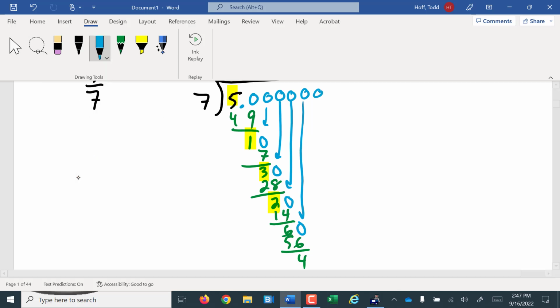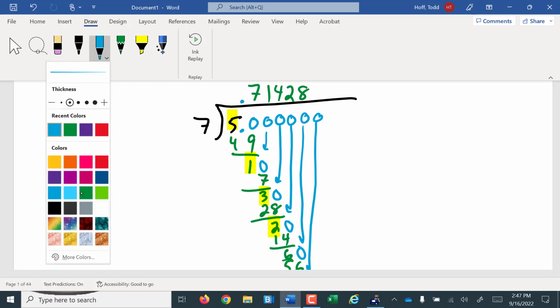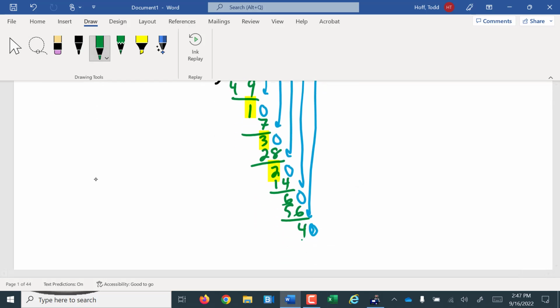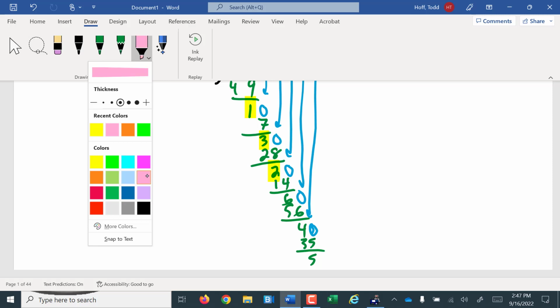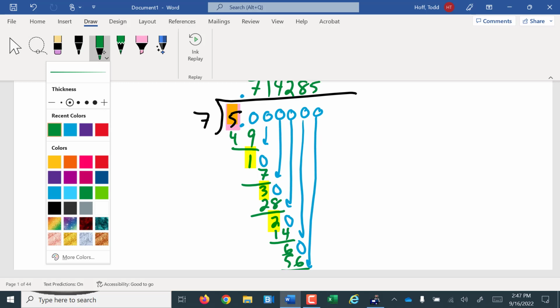So add a 0 and bring it down. 7 goes into 40, 5 times, right? 5 times 7 is 35. What's left? 5. Now, that 5 is what we started with. So that tells us we're probably going to see a repeat here. Let's just go a little bit further to make sure that's what happens.